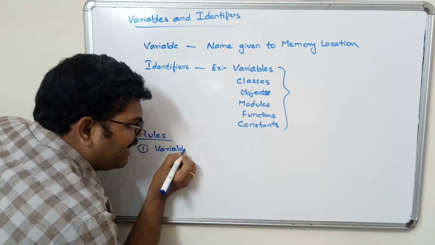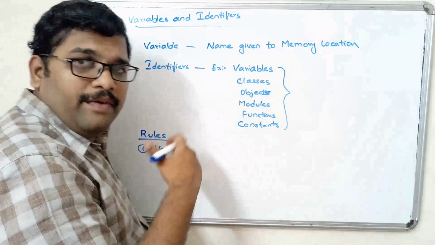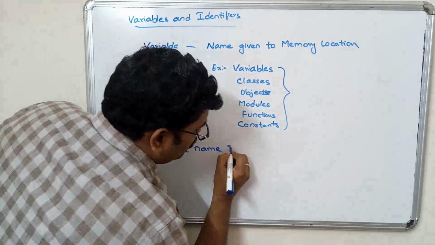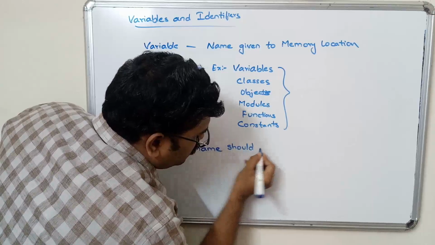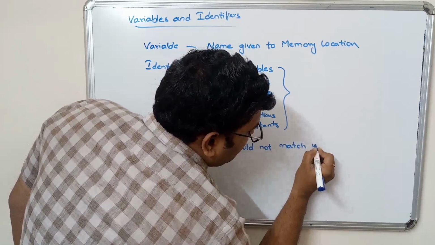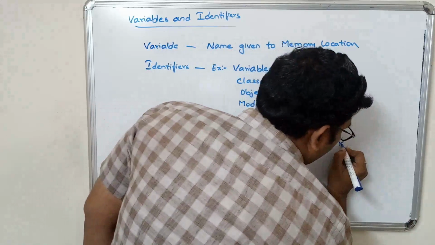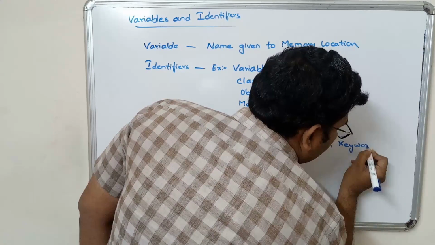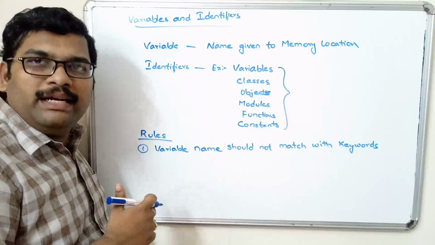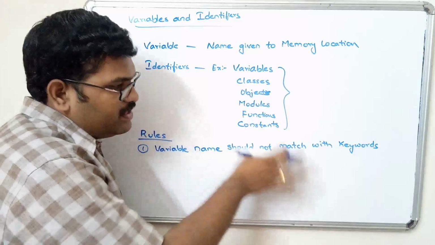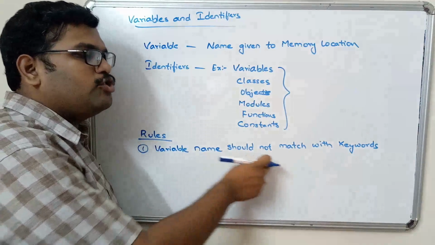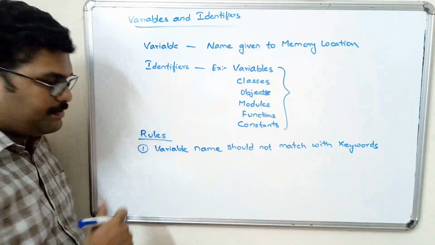We can call it a variable or identifier. In Python also there are different keywords, which I will explain later. First we will see the rules. So variable names, that means identifier names, should not match any of the keywords.